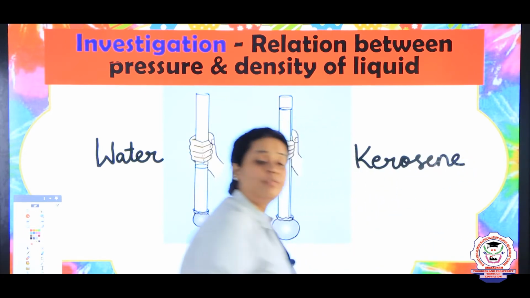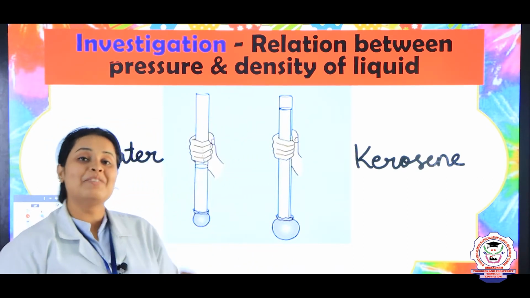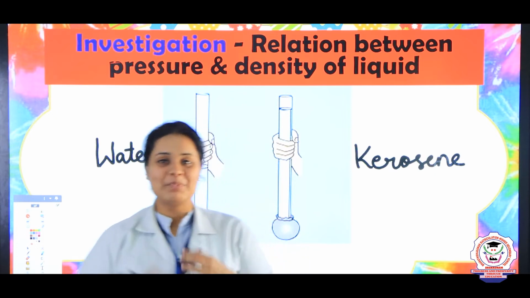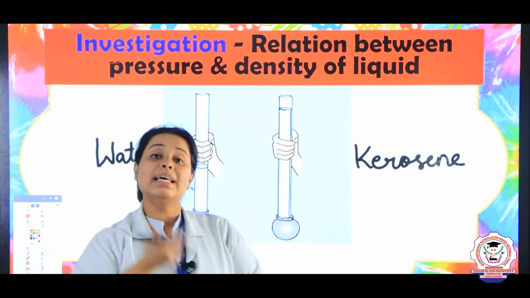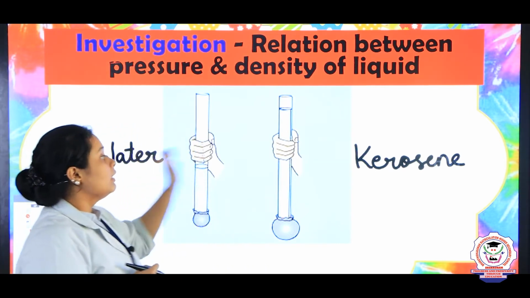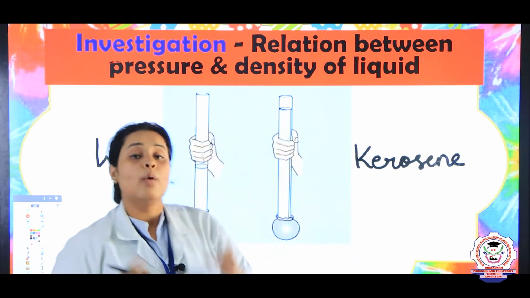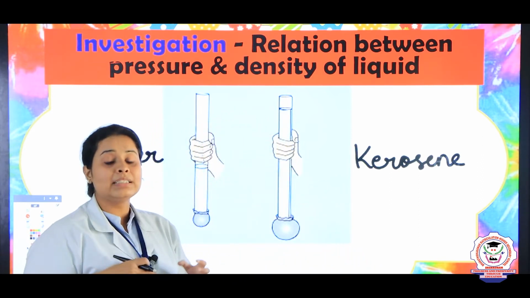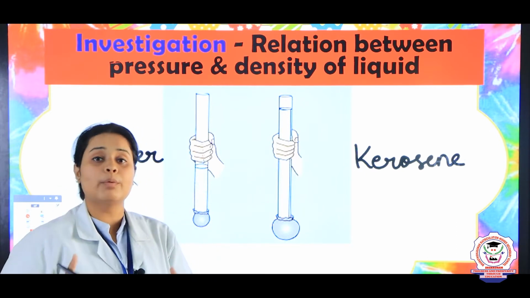As we have studied earlier, the density of water is 1 gram per centimeter cube. If you compare the density of kerosene, it is less than 1 gram per centimeter cube. So the kerosene will put a little less pressure, but compared with water, as the density is high, the weight of that particular liquid will be higher.